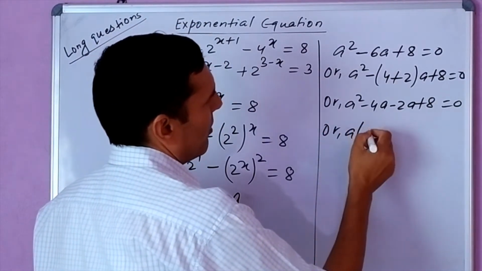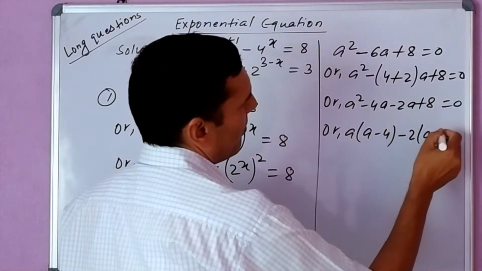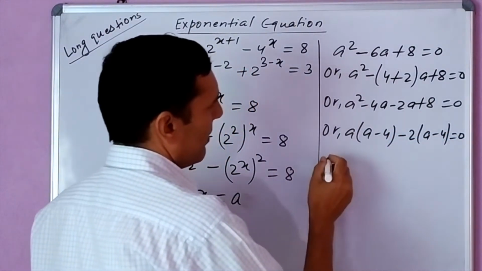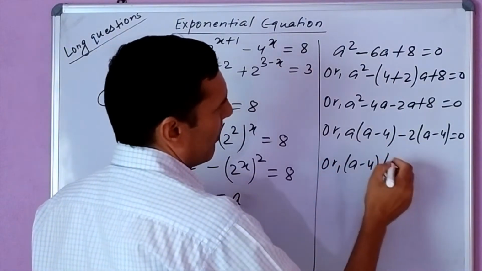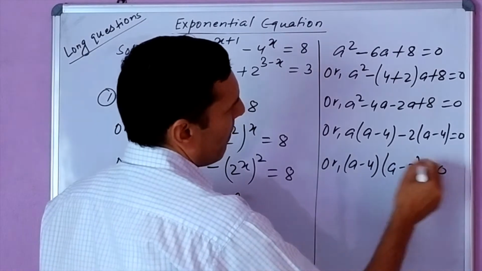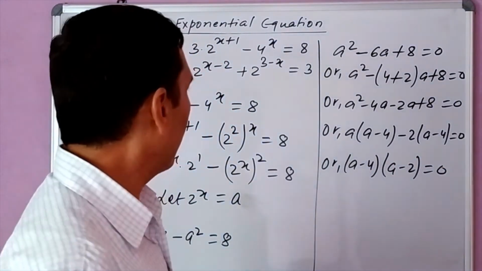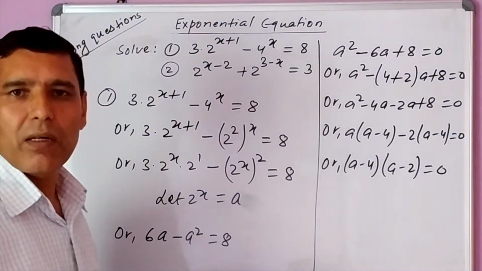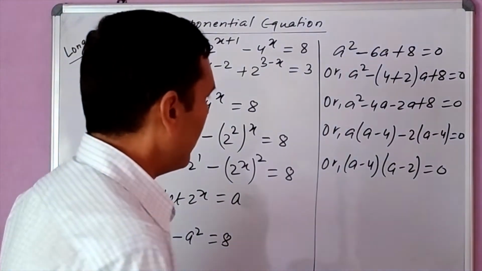A is common in the first two terms, a minus 4; in the last two terms minus 2 is common, a minus 4 is equal to 0. Or a minus 4 is common, and what is remaining there, a minus 2 is equal to 0. So we get the two factors here in terms of a. After supposing 2 to the power x is equal to a, now we equate each factor with 0.